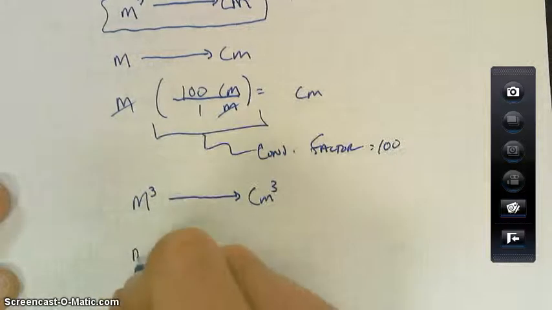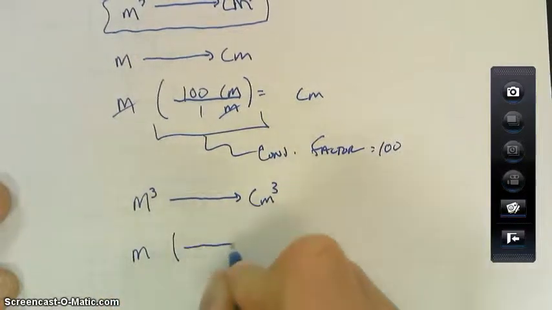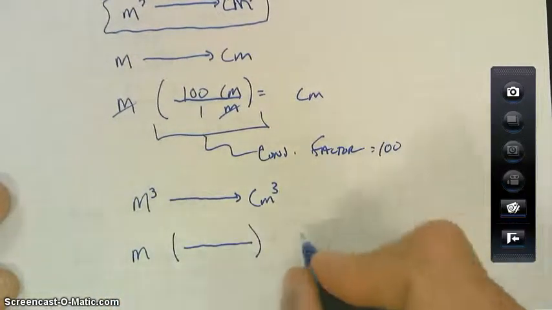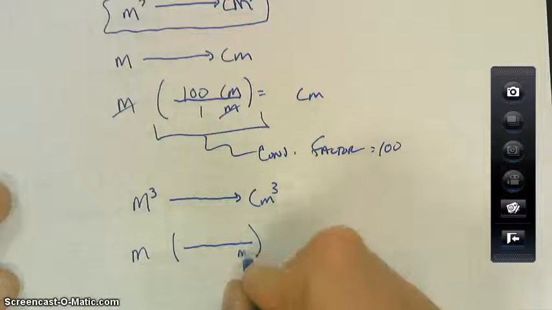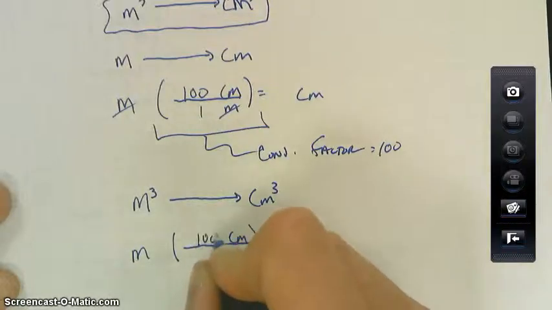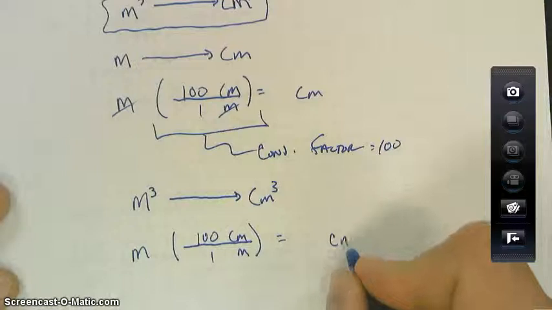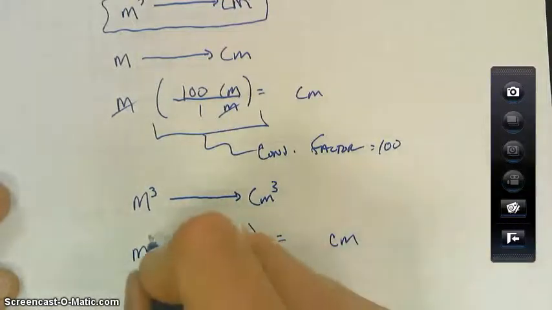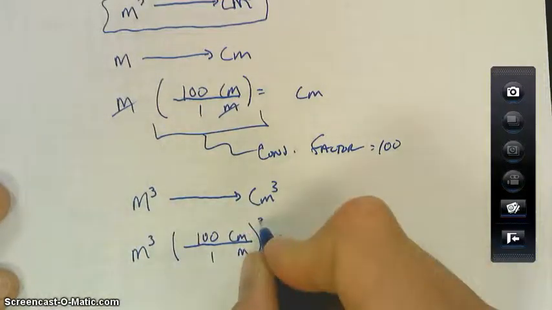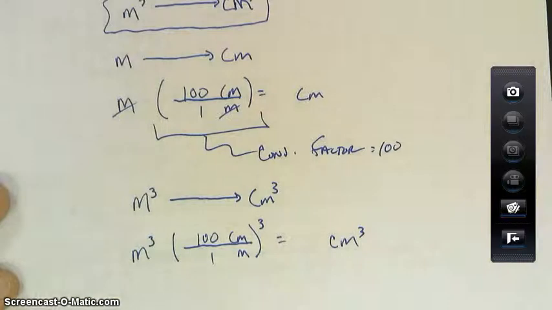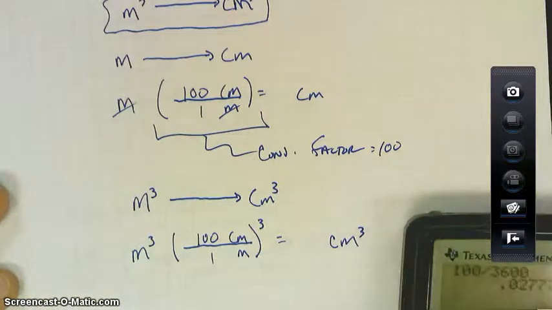So again, meters on bottom, centimeters on top, and that's going to get me to centimeters. But if I cube this, cube that, and I cube this, realistically here I'm taking 100 cubed, and that's my conversion factor.